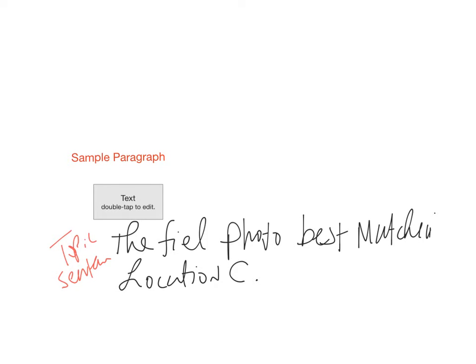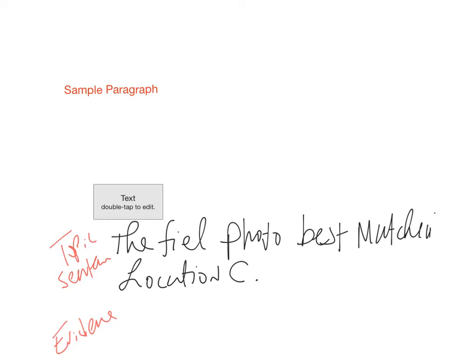Now the other things that we're going to need as we go forward is we are going to need evidence and then explanation of evidence. So let's start working on that.